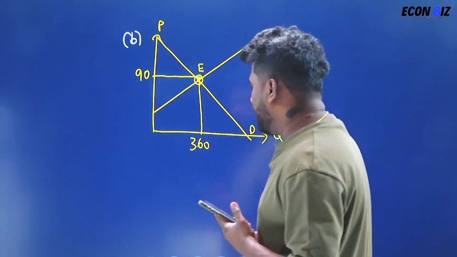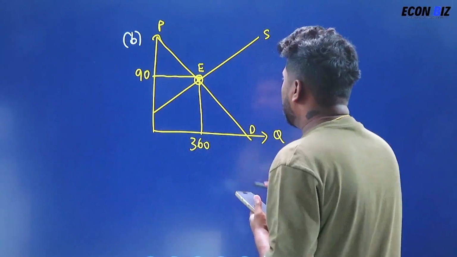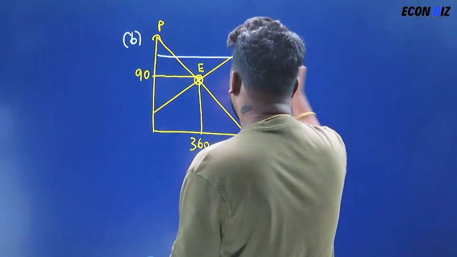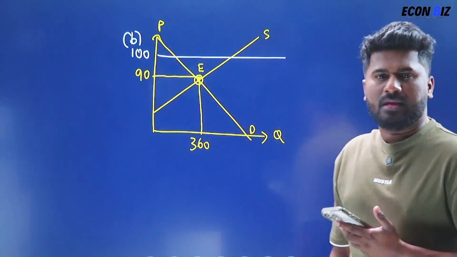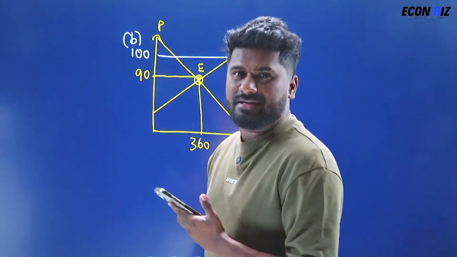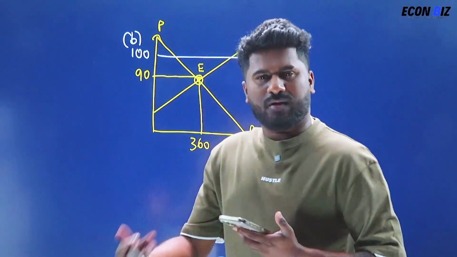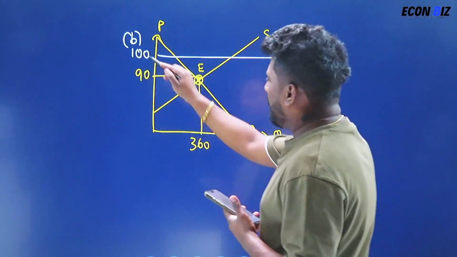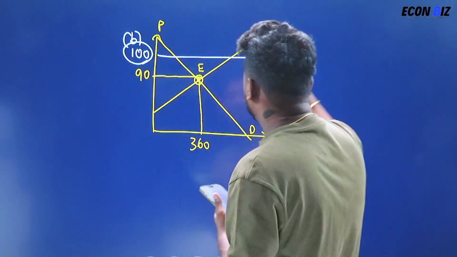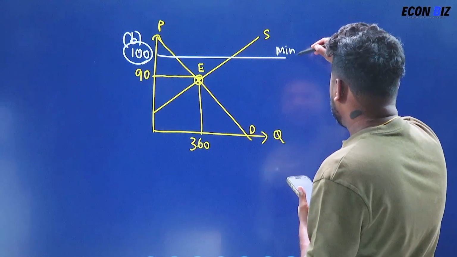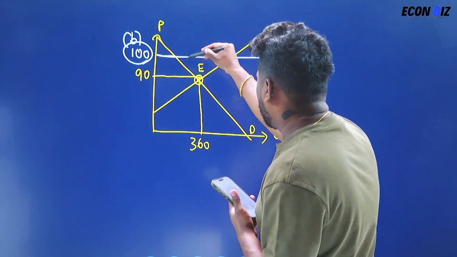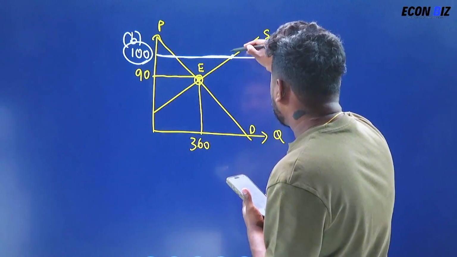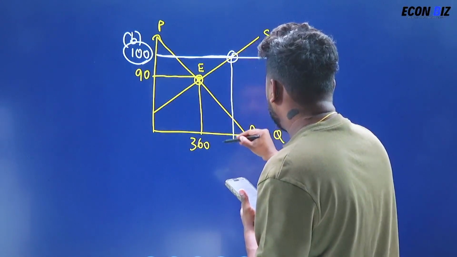Now here the government is going to impose a minimum price of 100 rupees, and the government is going to conduct a deficiency payment scheme. So what is the deficiency payment scheme? Once the government imposes this minimum price, at this 100 rupees producers will supply this much.